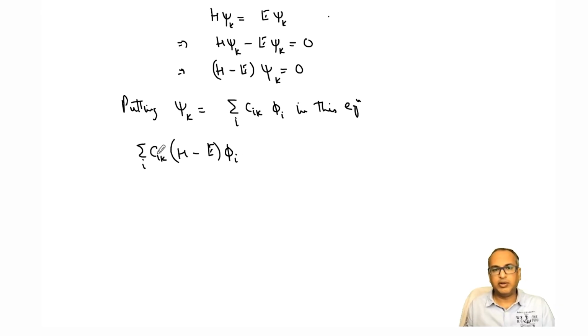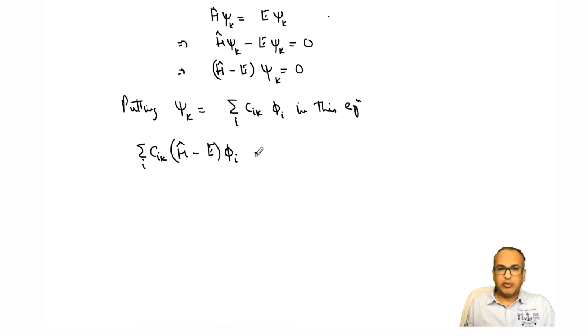H is the operator which will act only on phi i, because this is the function and c ik is the constant, so c ik will come out of the operator. You can write it like this, with H as the operator over here.